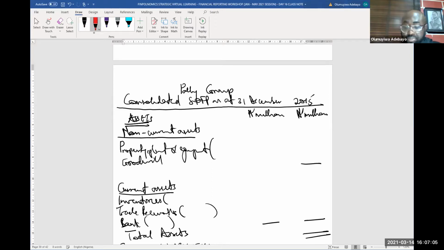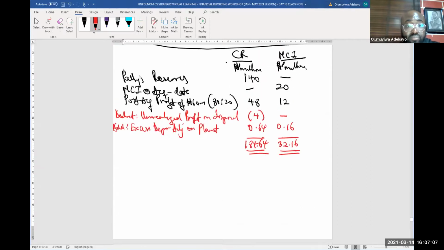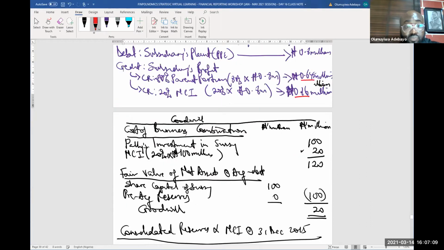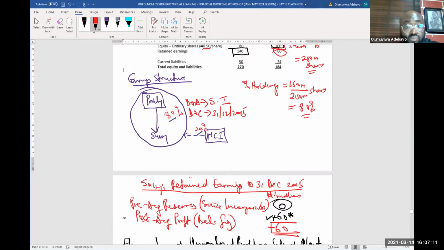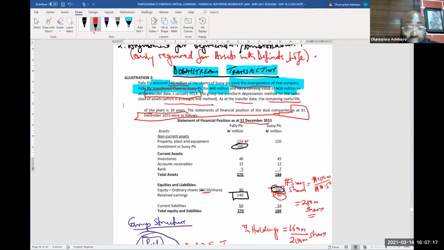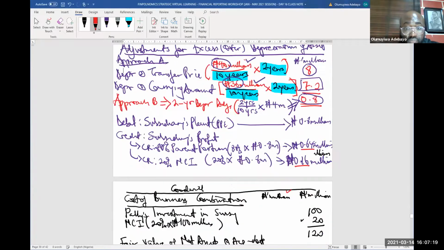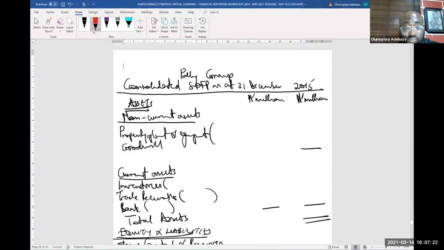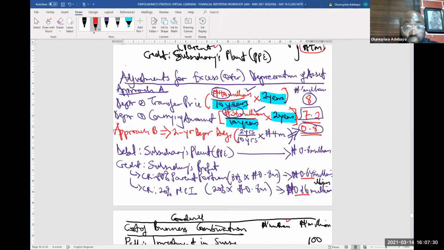Now, what is our PPE? $110 and $120. But there's an adjustment to it.